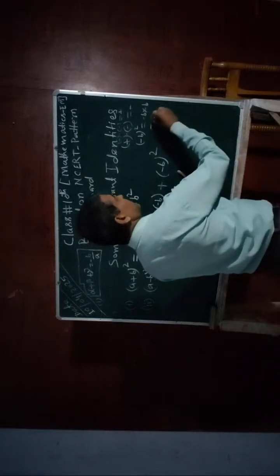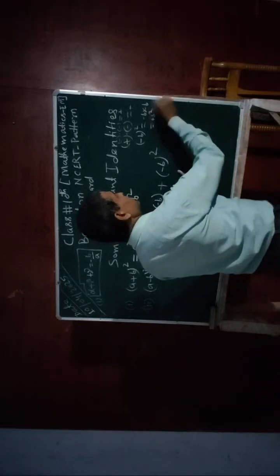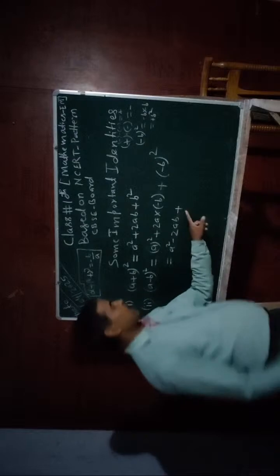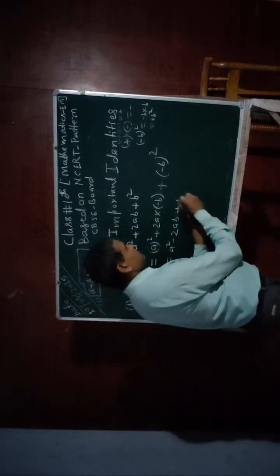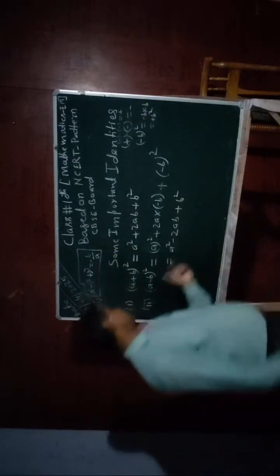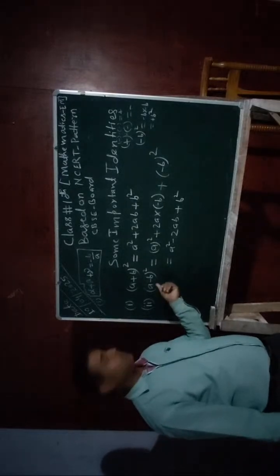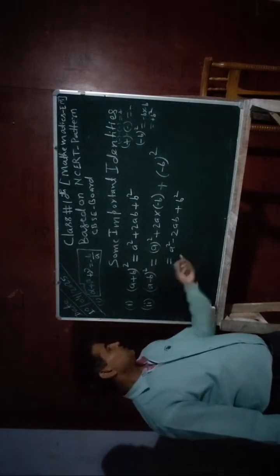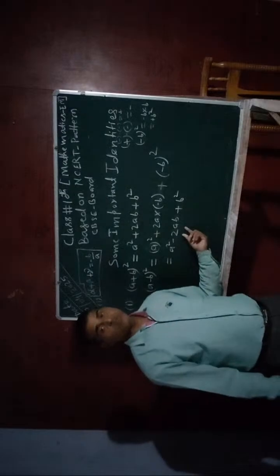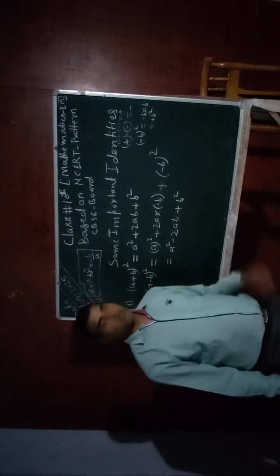So here I will write plus b square. So this is the required formula: a minus b whole square is equal to a square minus 2ab plus b square.